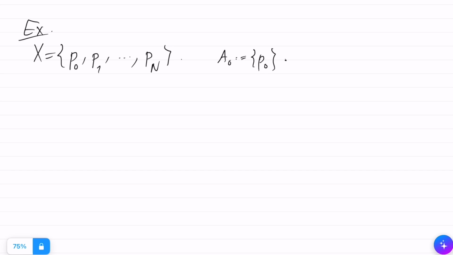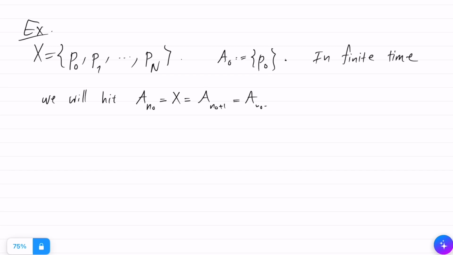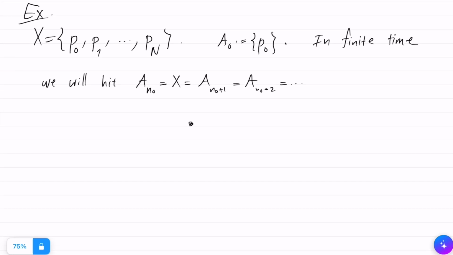A2 will grow again, maybe for some time you don't grow, but definitely in finite time we will hit some n0 equal to all of your space, and from that on, of course, everything else will be all of your space, n0 plus 1, n0 plus 2, and so on. So originally you start with one point. You always start with one point. That's the reason actually we scale the metric to diameter strictly less than 1.